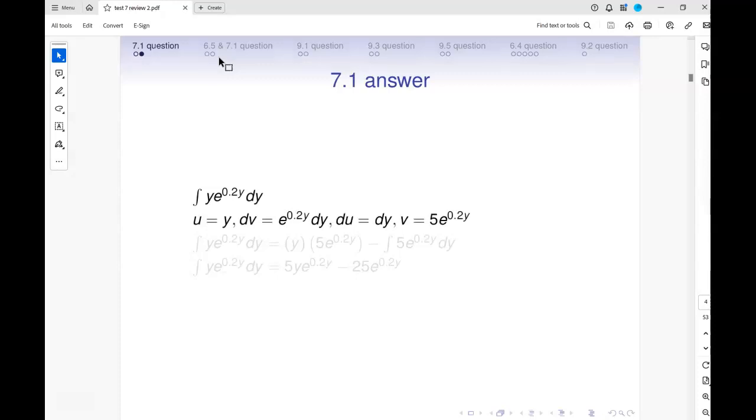Hopefully you decided integration by parts would be the way to go on this. So your u should have been y and your dv should be e to the 0.2y. What's the complication with finding v? You have to do a u sub. So you have to do a u sub inside of your integration by parts. If you divide both sides by the 0.2, that's 5. 1 over 0.2 is 5.